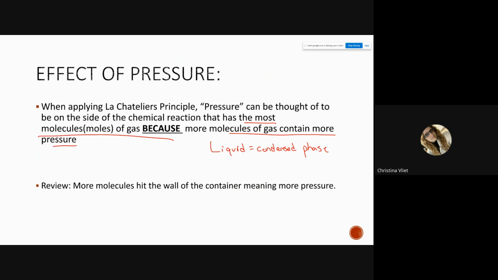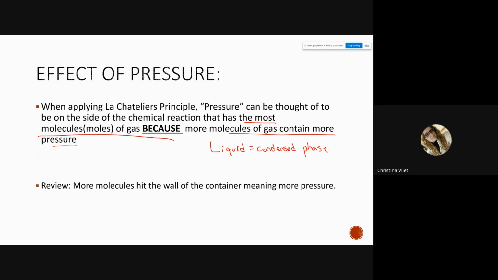No matter if you put liquid in a gigantic container, the liquid's gonna fill the bottom of the space, but whether you have a container that's that big or that big, it's not gonna change your liquid volume at all. Whereas if you have a gas container, we know that gases fill all the space they have available. So if we increase the volume, we decrease the pressure.